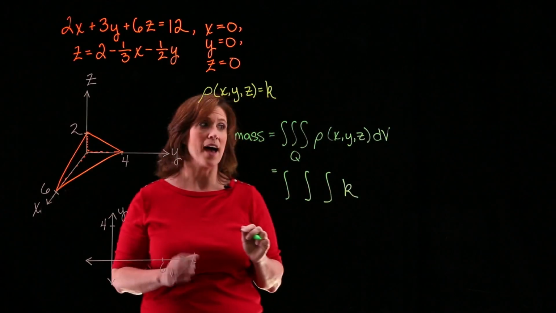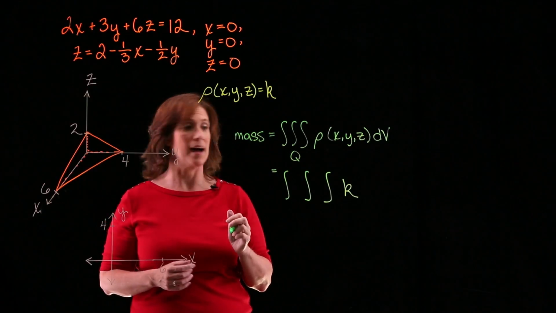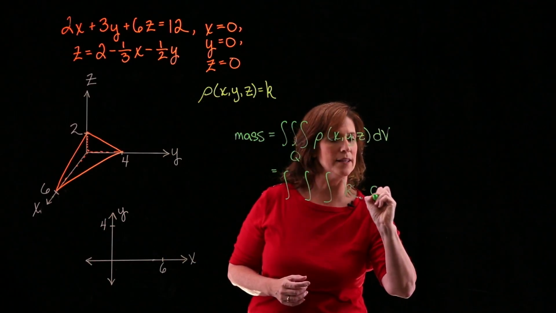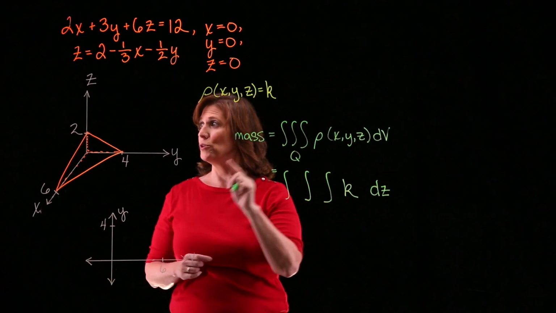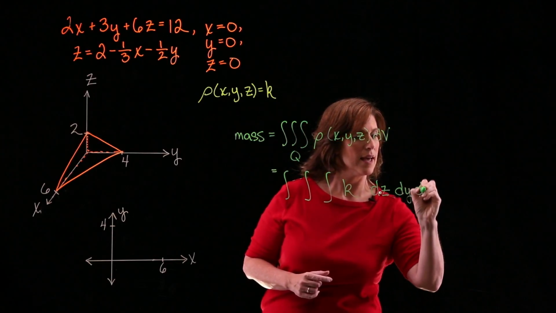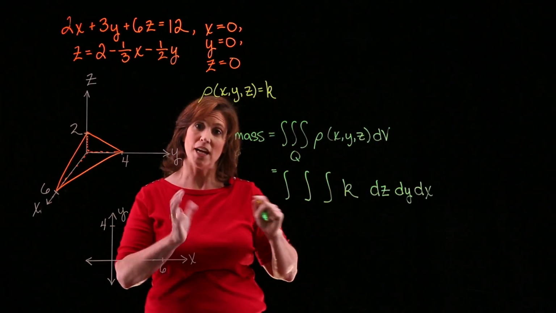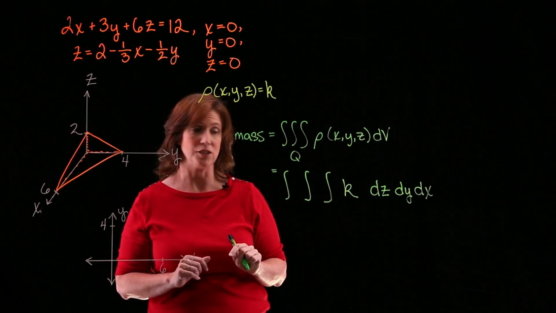And now I have to decide what order I'm going to integrate. So I'm going to choose this time, I'll start with my dz first of all, and then I will do dy dx. And again, you can change whatever order you like. It's just going to make a difference what those limits of integration are.